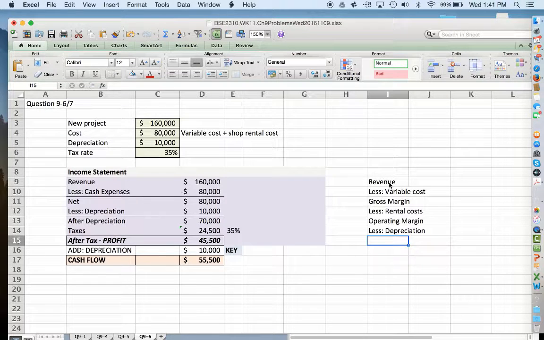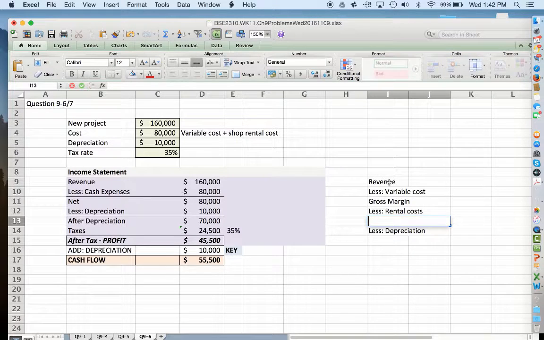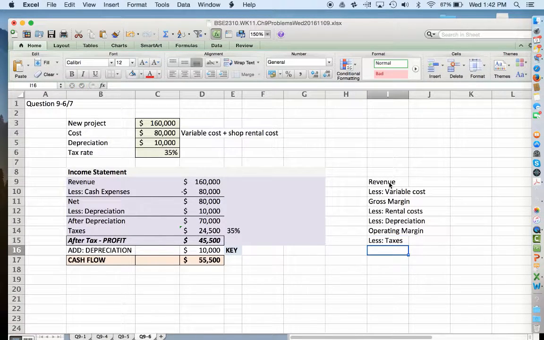Actually, take out the operating margin. We'll just do less depreciation. We'll put operating margin here, less taxes. And that would give us net profit.